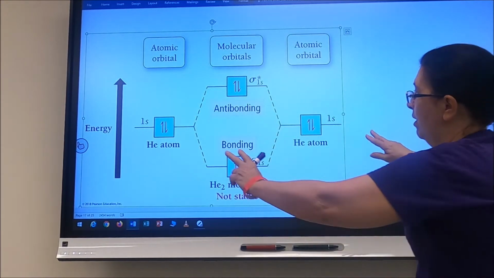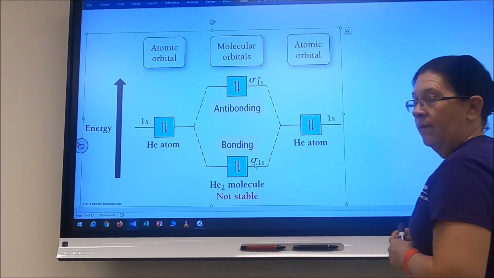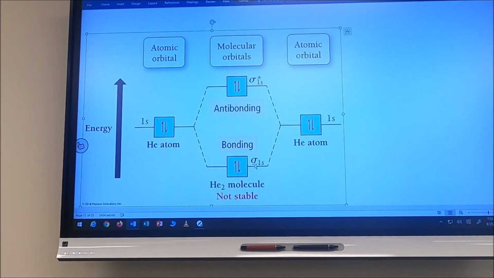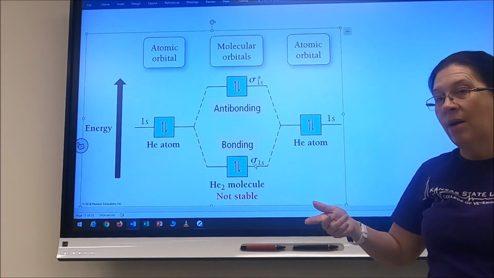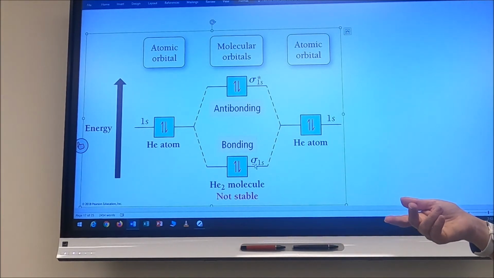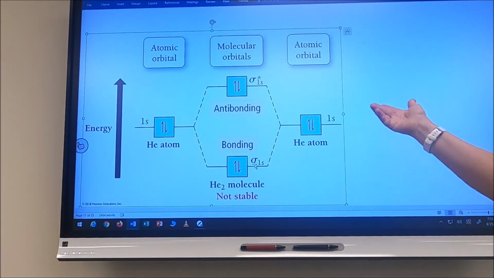And we have to calculate the bond order. We've got 2 in bonding, 2 in anti-bonding. 2 minus 2 is 0, and 0 divided by 2 is 0. The bond order for a helium He2 molecule is 0. So molecular orbital theory says a helium molecule can't exist.